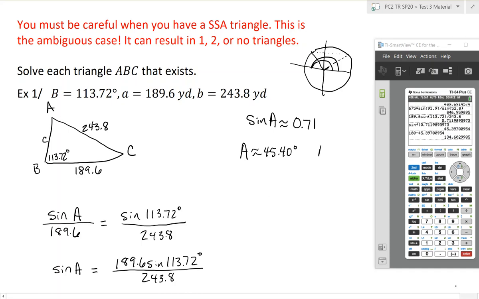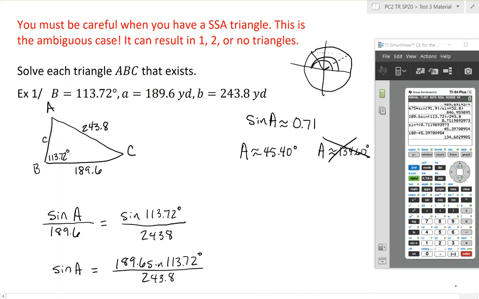So you could also have A being 134.60 degrees. But stop. The given angle was 113.72 degrees. Even though you have another possibility as far as angles go, there's no way you could have a triangle with both of these angles in it, because the sum of all three angles is 180 degrees. So this time we are only going to have the one possibility of 45.40 degrees.